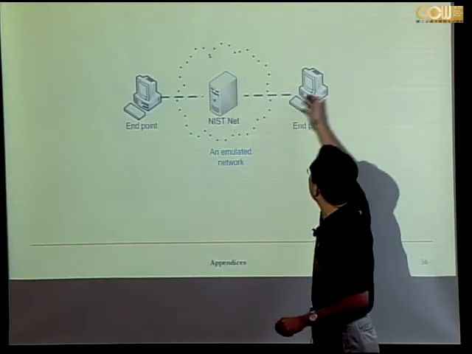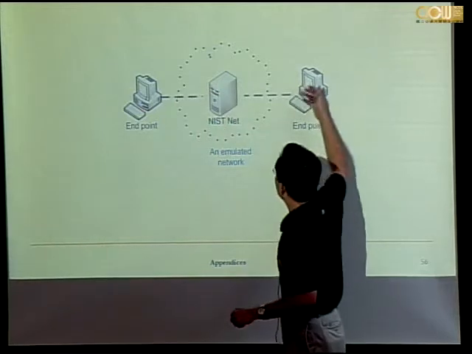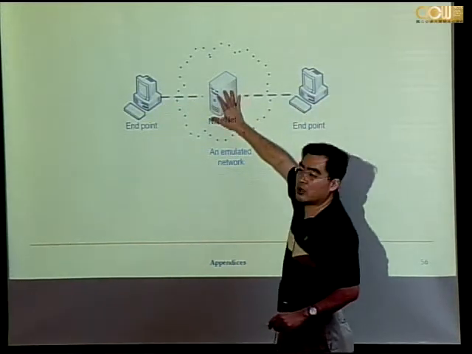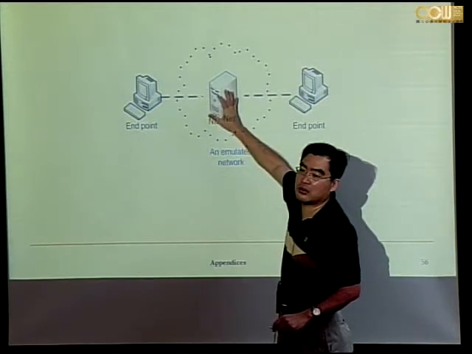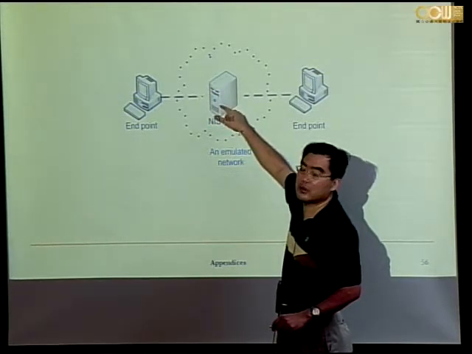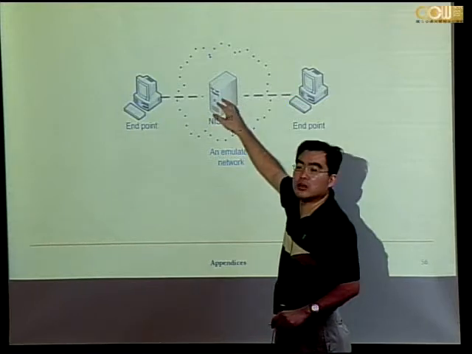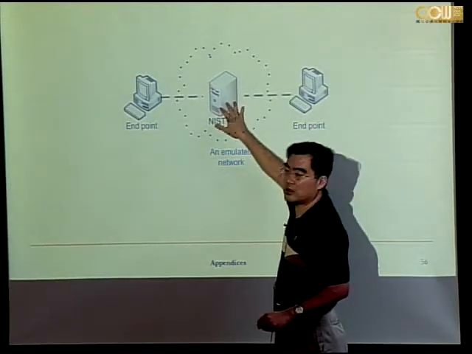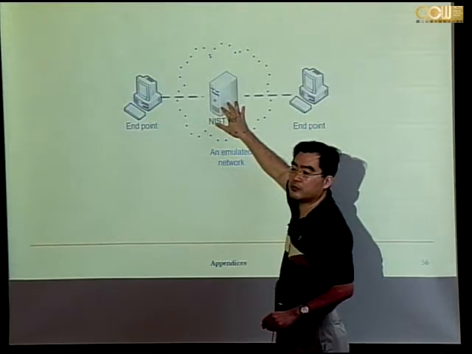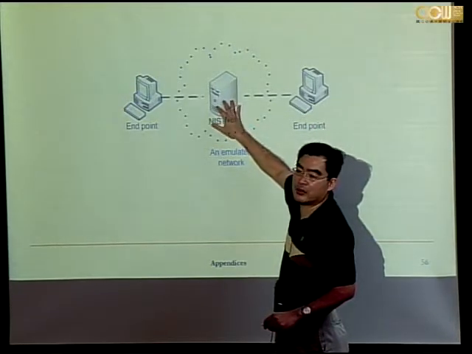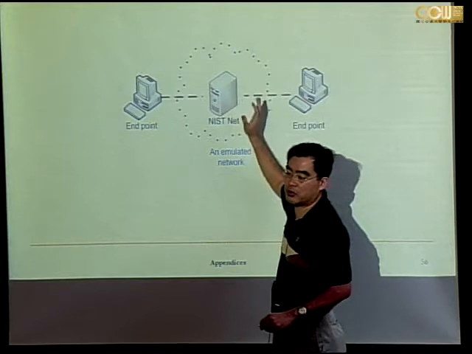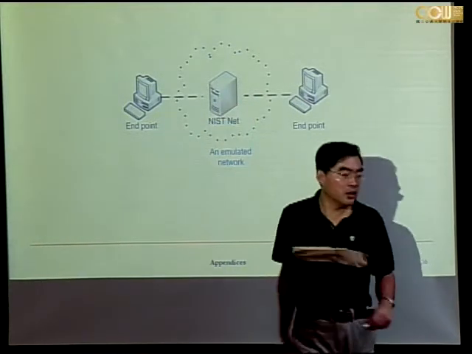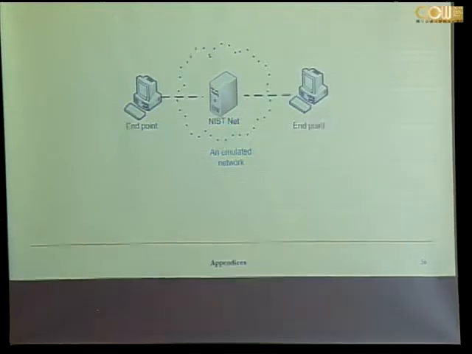So say between these two endpoints, they have traffic, and I want to simulate 10% packet loss. I can configure NIST Net for 10% packet loss, or I can configure the mean latency to be 10 milliseconds with some distribution, and also the jitter with some distribution. I can configure that on this emulator.